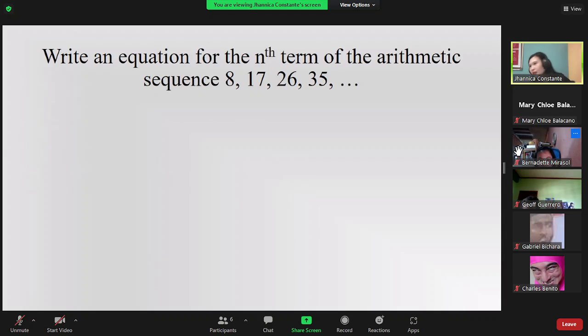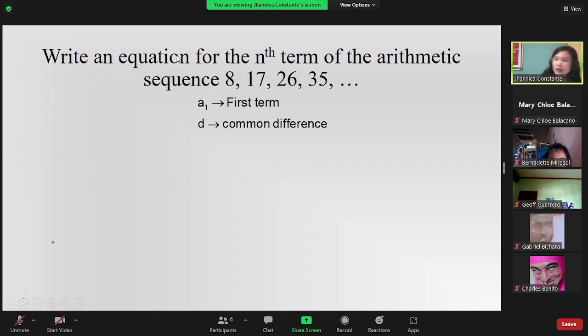So let's proceed to writing an equation for the nth term of an arithmetic sequence. So for example, we have a sequence 8, 17, 26, and 35. In writing an equation for a specific sequence, the only things that you need are the first term and the common difference. That is what we're going to need to write an equation for our arithmetic sequence.